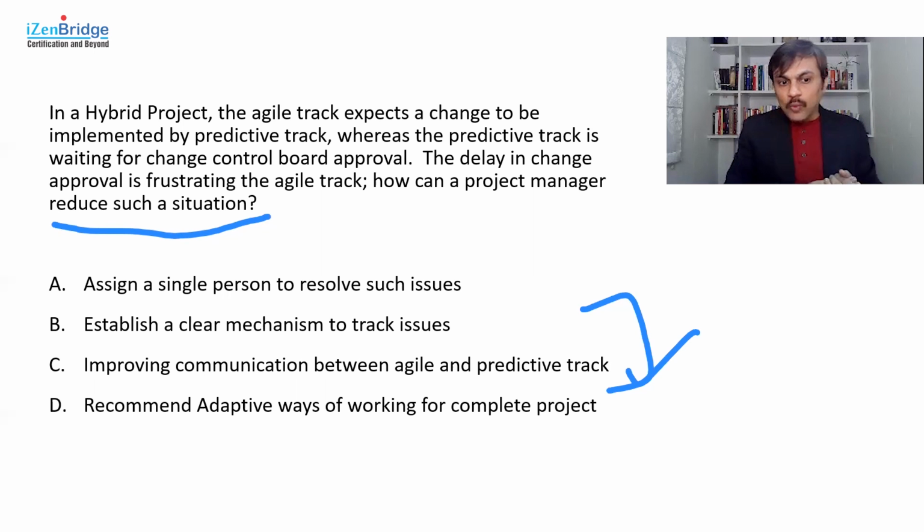Now, somebody will say, why not D? We don't have a clear understanding to decide that we should go agile. We need to assume that the project is in a hybrid way, and there must be reasons to keep the predictive track as predictive and the agile track as agile. Yes, we understand there is a delay in the approval of the predictive track, but it might be needed for such an organization because of compliance or some other reasons.